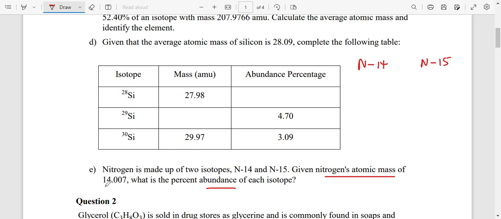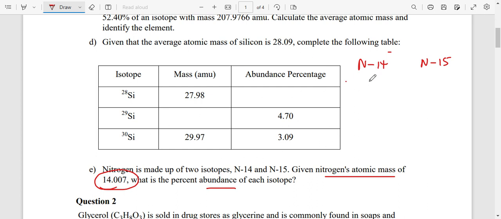So we've been given the relative atomic mass as 14.007. We want to calculate the abundance of these. So for this case, I'm going to take this one, the 14, given as its mass, the other one, the 15, given as its mass. Now the relative atomic mass is given as 14.007.